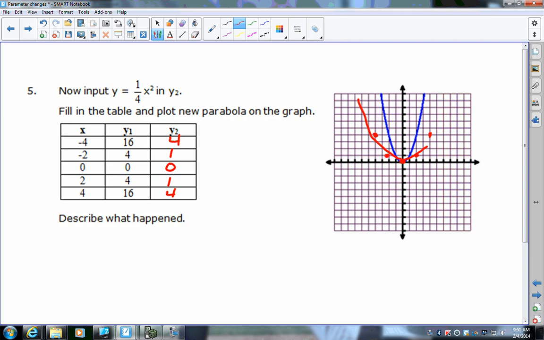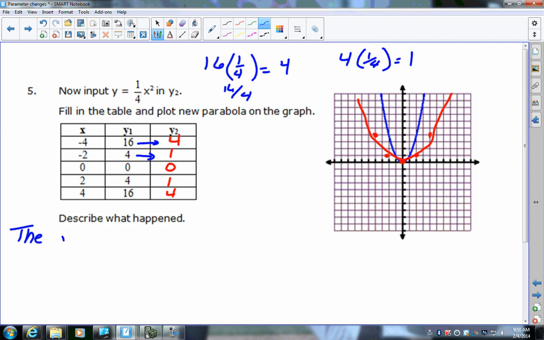If you look at all these numbers now, how do you get from 16 to 4? From 4 to 1? You can either say it as taking 16 times 1/4. That gives you 4, which is the same as 16 divided by 4. 4 times 1/4, that's where the 1 is coming from. Describe what happens.